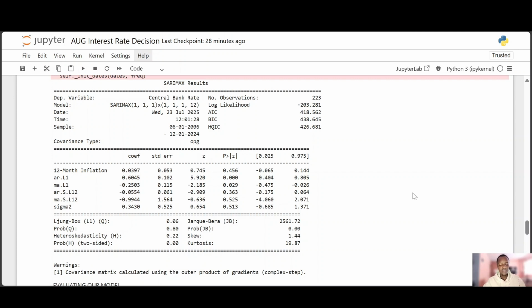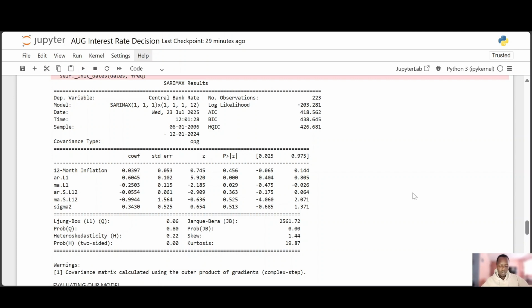Let me go with the AIC, which is 118.562. Any model that exhibits a lower AIC, BIC, and HQIC than our current values is a better model. Any higher value of AIC, BIC, or HQIC means a poor model.